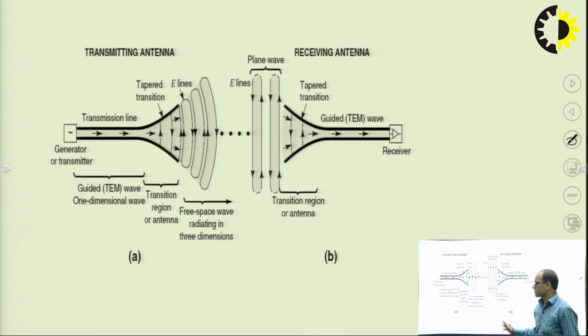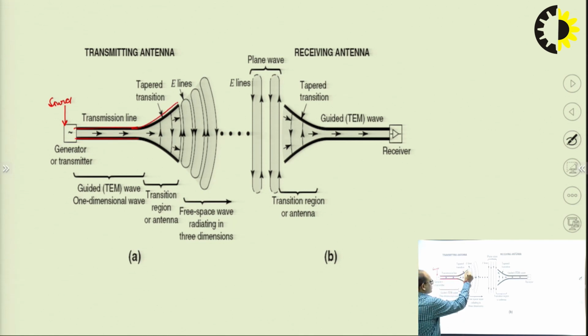So this is the basics of an antenna. First, this one is the source. This source produces an electrical signal, and this electrical signal is modulated and passes to the antenna through a transmission line, and this antenna is a transitional structure which converts what?